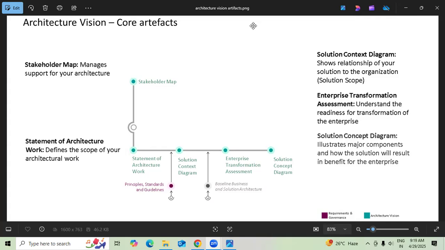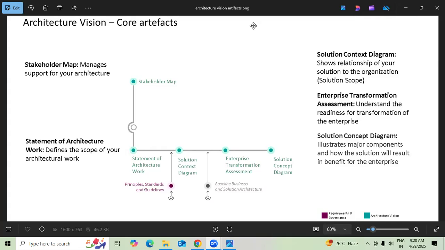To identify the stakeholders, we use the interest grid. Followed by this, for stakeholder analysis and management, we use a RACI matrix, which majorly manages and supports the architectures when we are developing the stakeholder mapping.